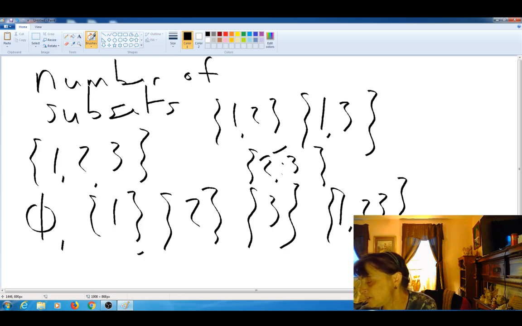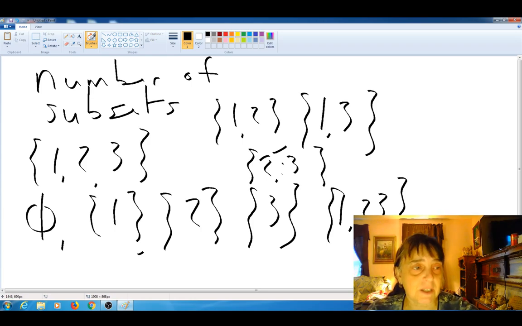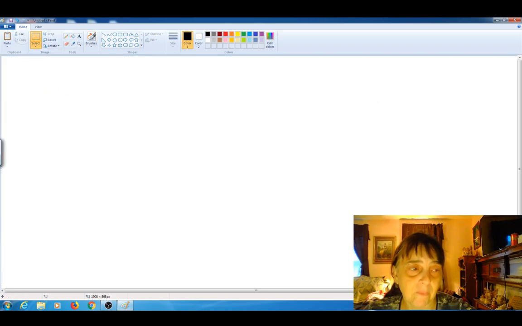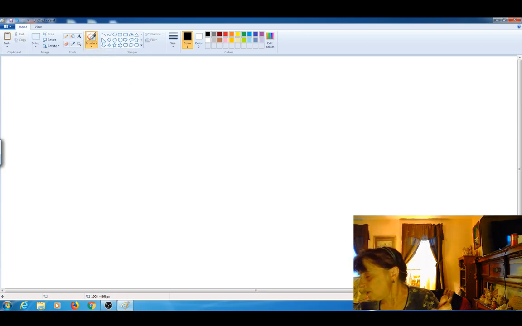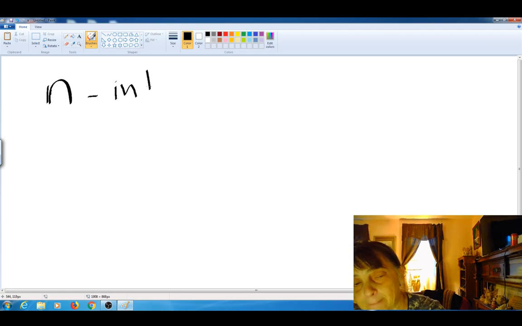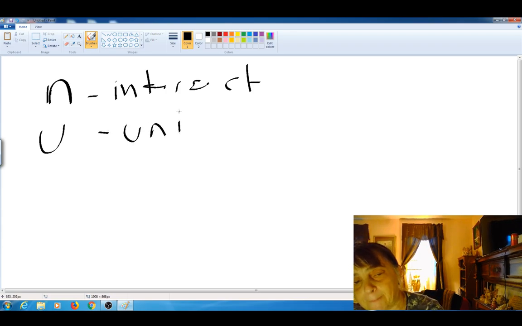Now we're going to talk about Venn diagrams and set operations. This symbol is a symbol for intersect. This symbol is a symbol for union.